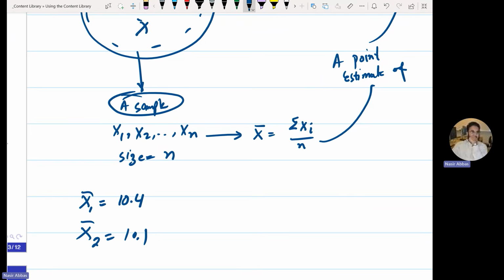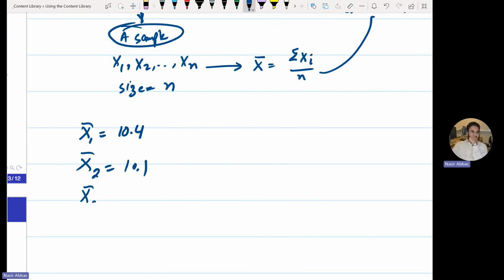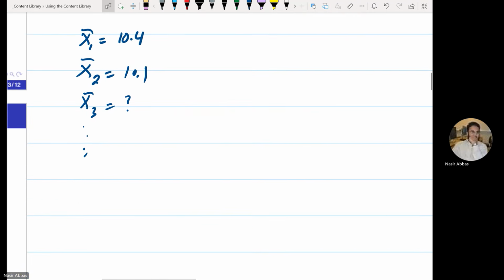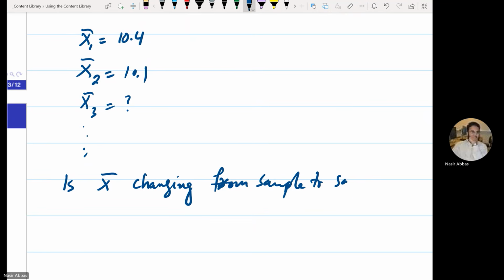And I keep doing this process, and I keep taking samples. And I take infinitely many samples. My question number 1: is X bar changing from sample to sample?